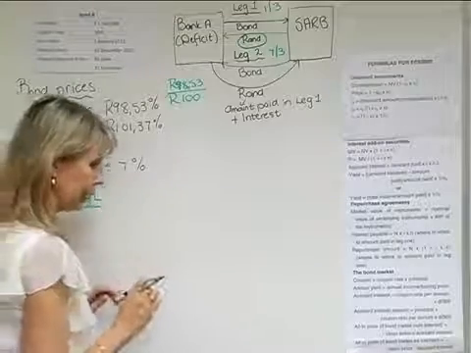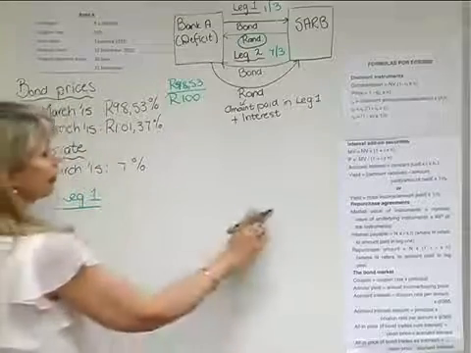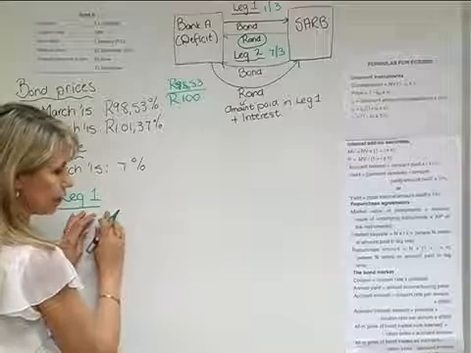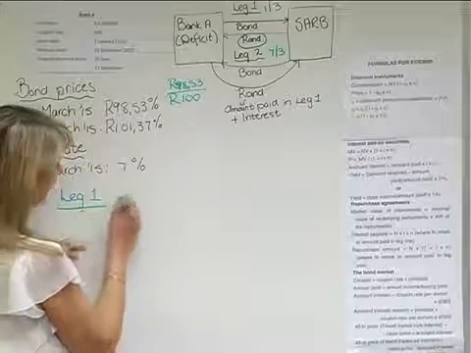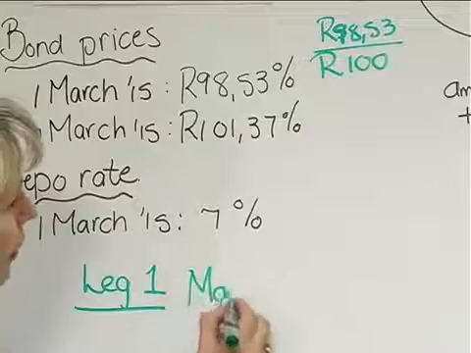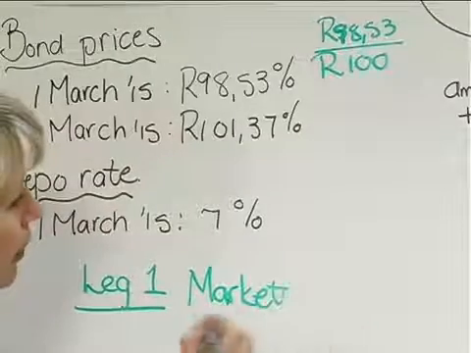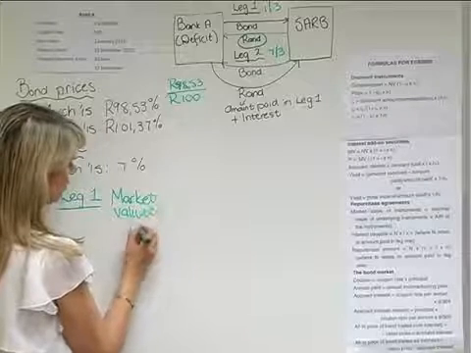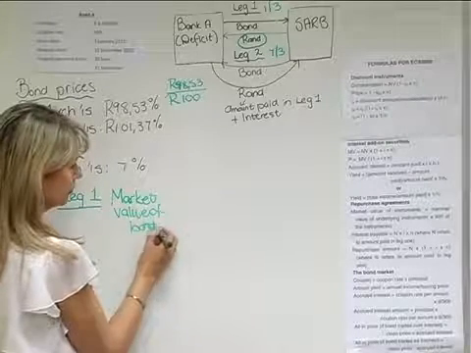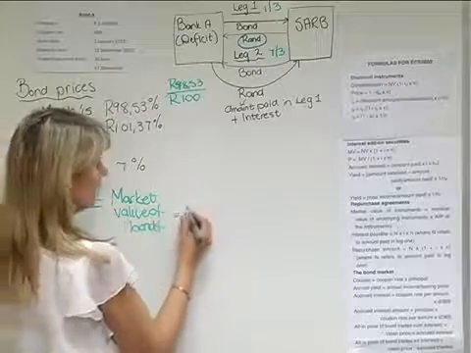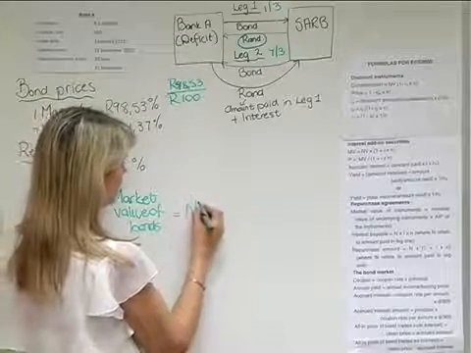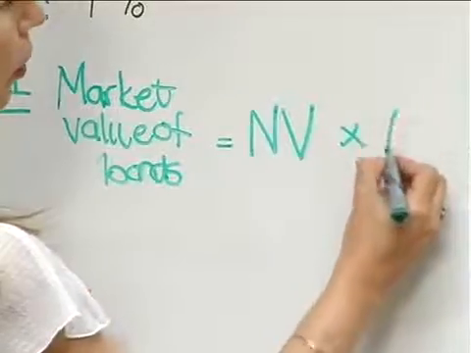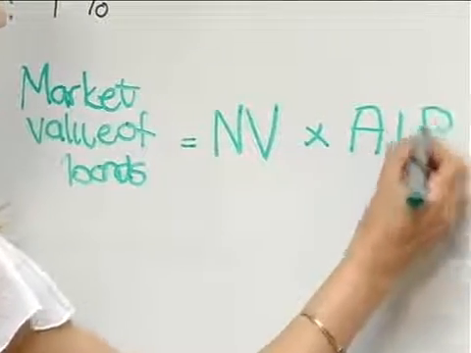So to calculate the amount that's going to be paid in the first leg, the market value of the bonds, it is the nominal value of the bonds times the all-in price.